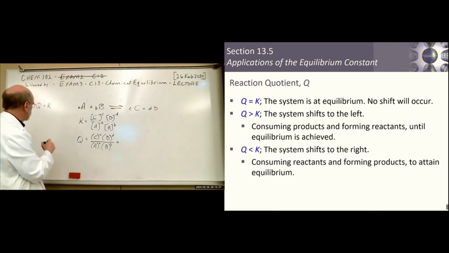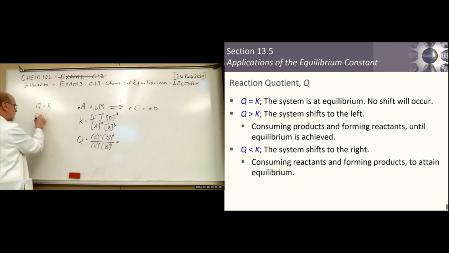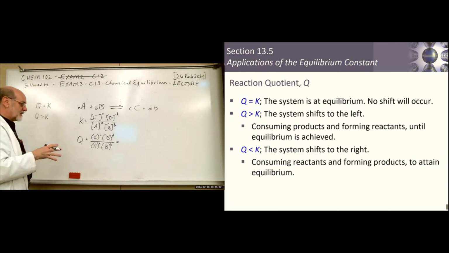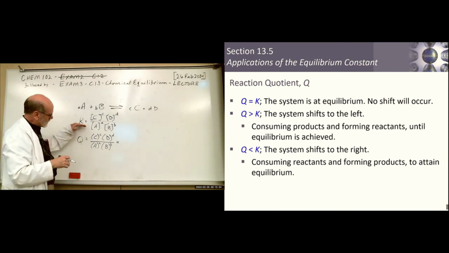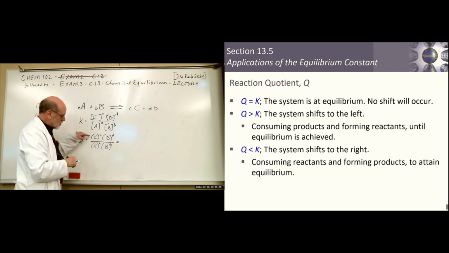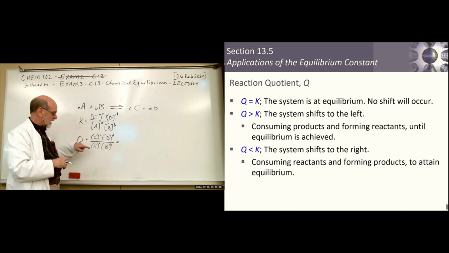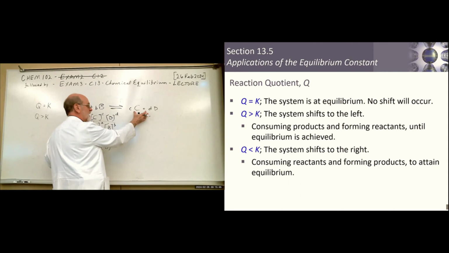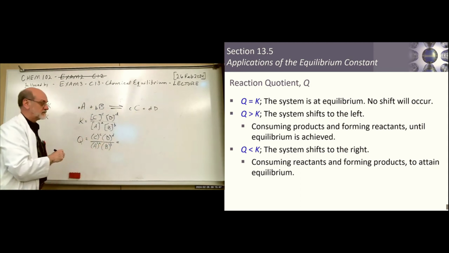But what if the Q is greater than K? What does that say? If this Q is greater than that K, that means you have more product than you should have and less reactant. So if you have more product than you need, it's going to move to the left, correct?